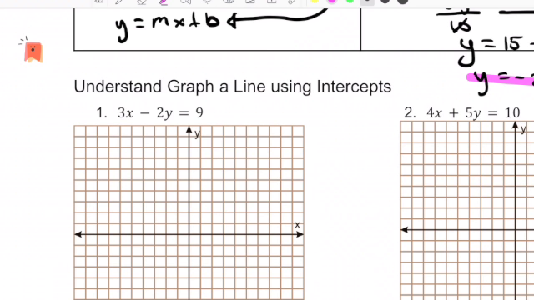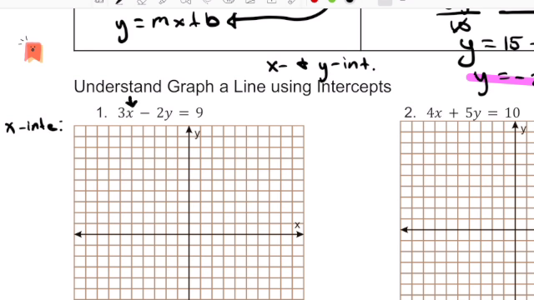Now we will need to understand how to graph a line using the x and y intercepts. So x and y. Now when we're looking for the x-intercept, we will need to plug in 0 for x.